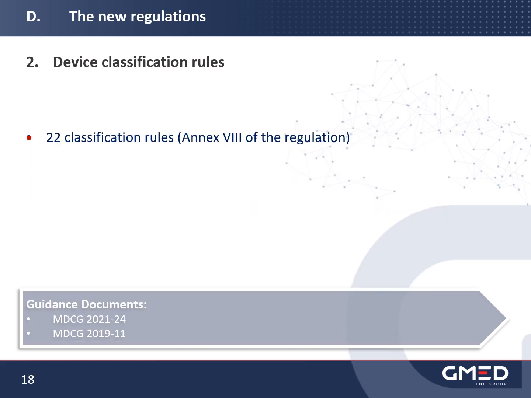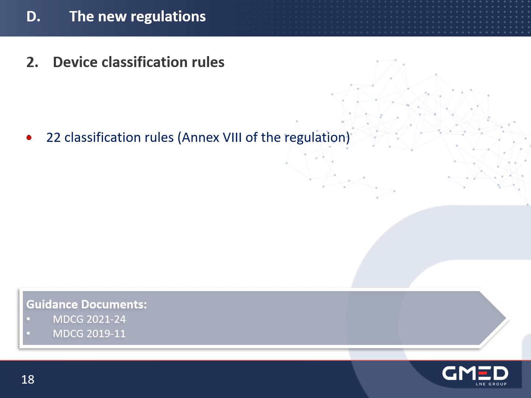Now concerning the rules for the classification of devices, Annex 8 of Regulation EU 2017/745 lists 22 classification rules. In comparison to the directives, several rules have been created or updated significantly.